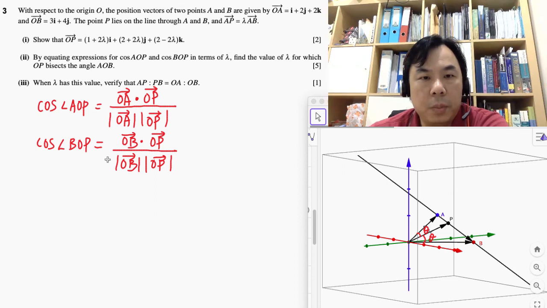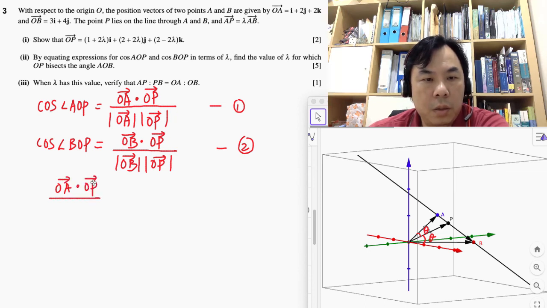Right? So from here, by equating equation 1 with 2, we have OA dot OP, where OP is the same as OA.